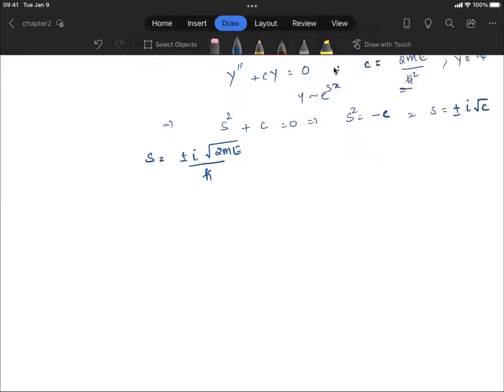So there are two possible solutions, one positive and one negative. When you have two solutions, the general solution for the differential equation is going to be a constant times the first solution plus another constant times the second solution.